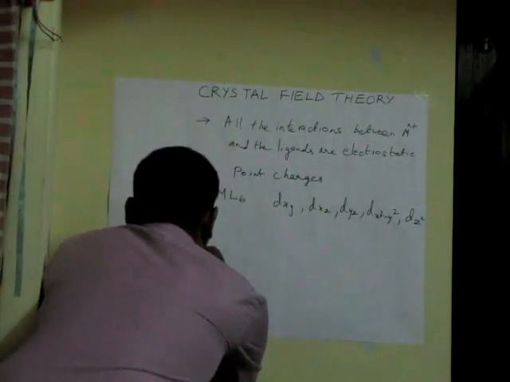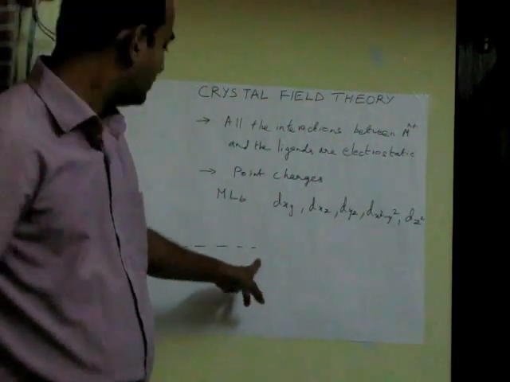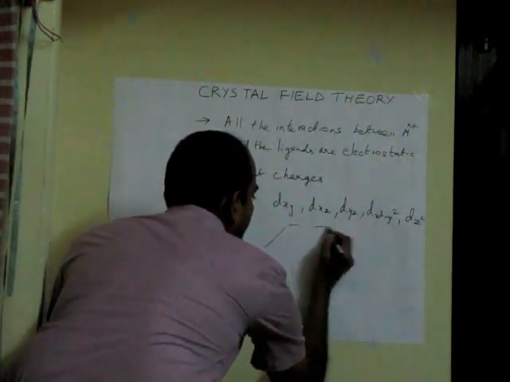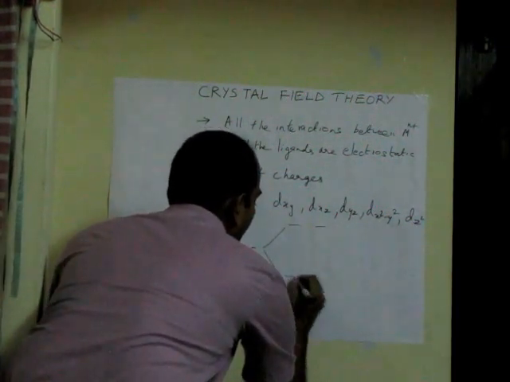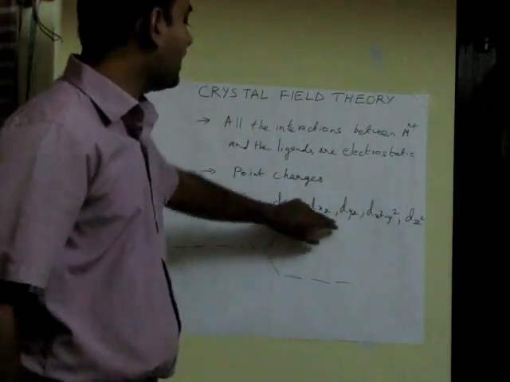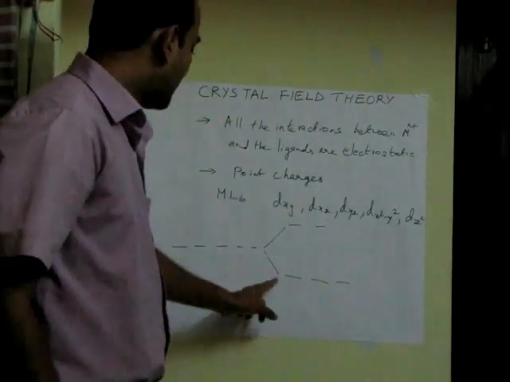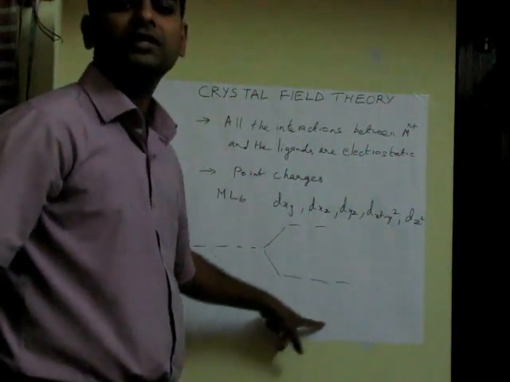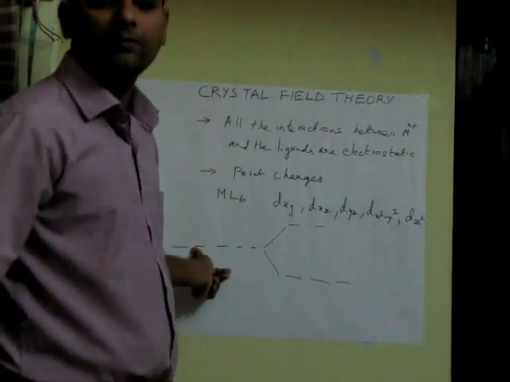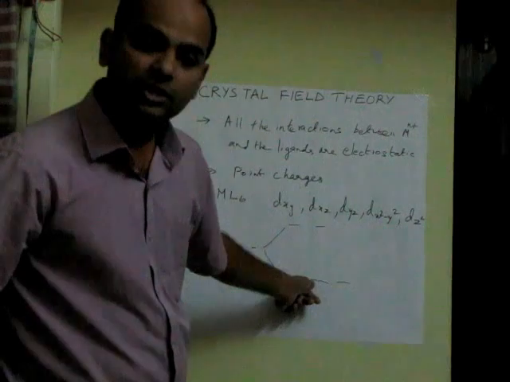The 5 degenerate d orbitals get split into 2 different levels. One is having higher energy and is said to be destabilized, and another set having 3 orbitals, which are lower in energy than the starting degenerate orbitals, and they are said to be stabilized.